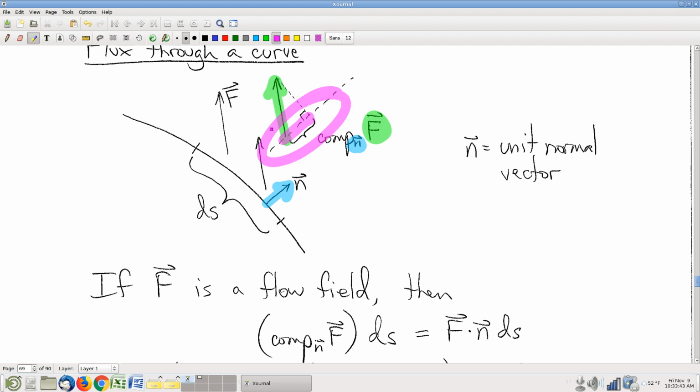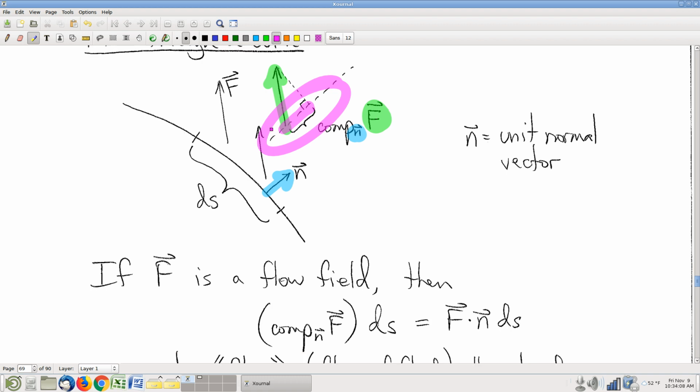You might say that represents the relevant part of the flow. I don't really care how much the fluid is flowing along the curve, whether it's moving somewhat to the left or somewhat to the right along the curve, irrelevant. It's only the extent to which the fluid is flowing perpendicularly through that is going to actually cause a quantity of fluid to make it across the line.